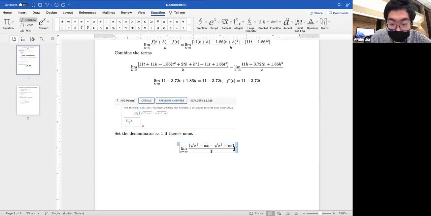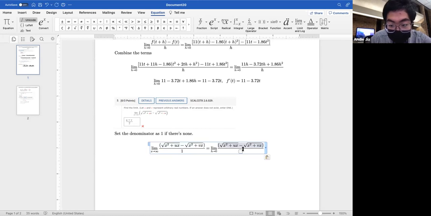Then conjugate: you multiply by the plus version of the conjugate, multiplying the minuses here. This is the algebra trick.